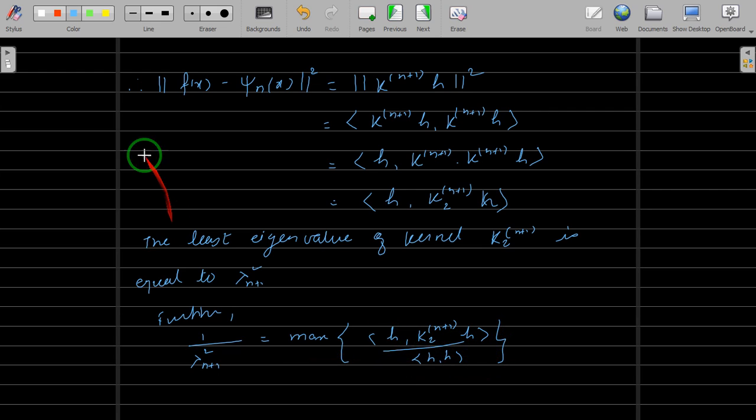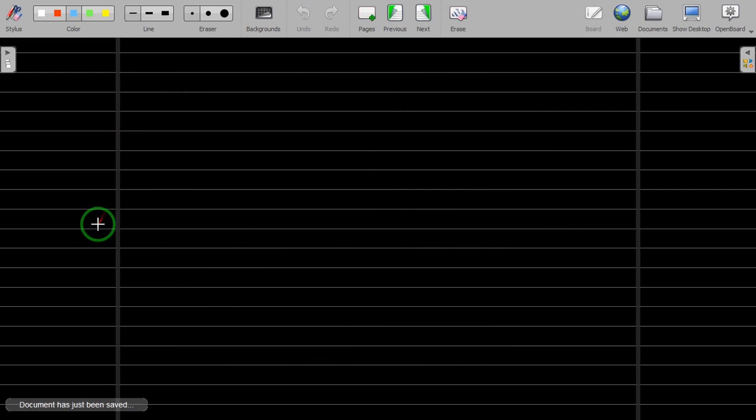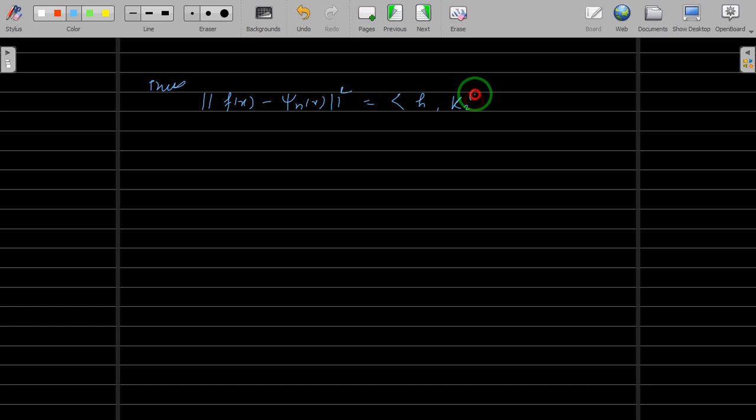Hence the norm of f_x minus psi_n, the whole square, will be equal to this inner product of h with k_{n+1} h, and this will be less than or equal to the inner product of h with h upon lambda n plus 1, the whole square, and this is nothing but the norm of h, the whole square, divided by lambda n plus 1, the whole square.